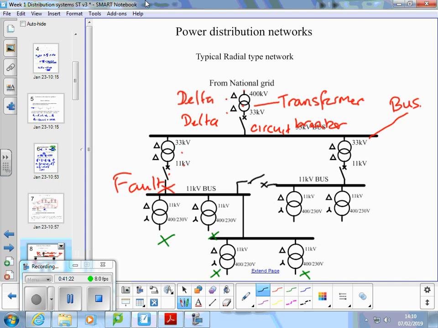Yeah? And quite often these will radiate off quite a lot, and a lot of people will lose supply if they get a fault high up the system. It just depends where it is.